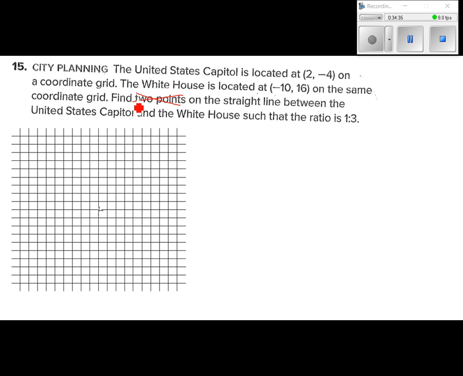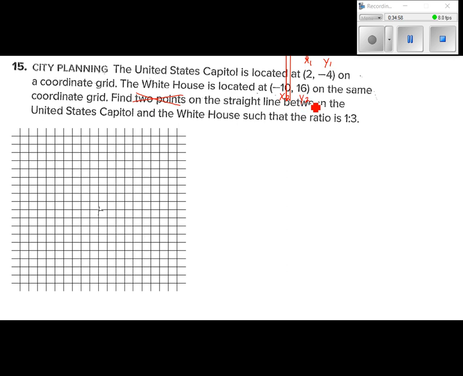So for this, where are we starting at? Capitol or the White House? Capitol. So this 2 is our x1, the -4 is our y1, the -10 is our x2, ignore that. The 16 is the y2.